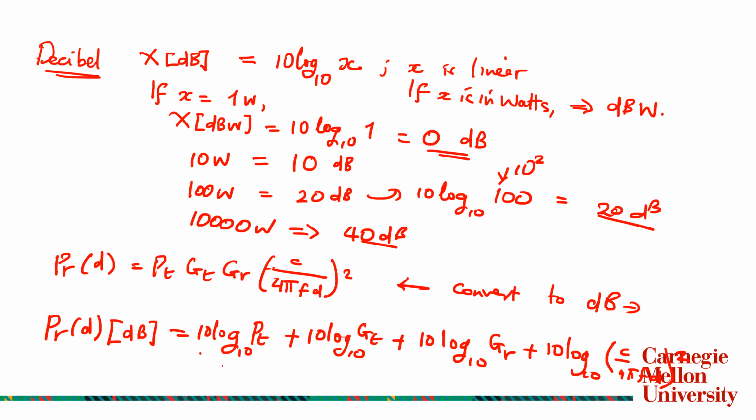Now this term is PT in dB. This is GT in dB. Because sometimes I give you the antenna, usually they tell you the antenna gain in dB. They don't really tell you the antenna gain in linear, and this is GR in dB. And so then we end up with PR in dB is equal to PT in dB plus GT in dB.